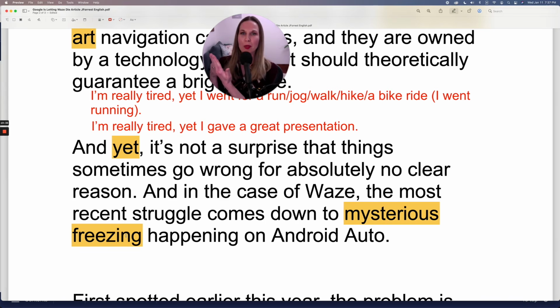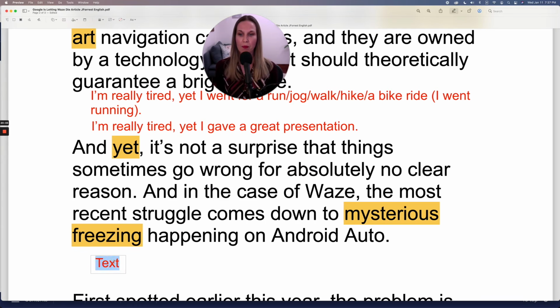Now, freezing is when you're talking and there's pauses. So it would be when you enter a destination in Waze and it's giving you directions, turn left, turn right, go straight, but then it stops directing you. And it tells you you're still on this street, even though you passed that street 5 blocks ago. So the app is frozen. So notice we take the word freeze and we can use it in many different ways.